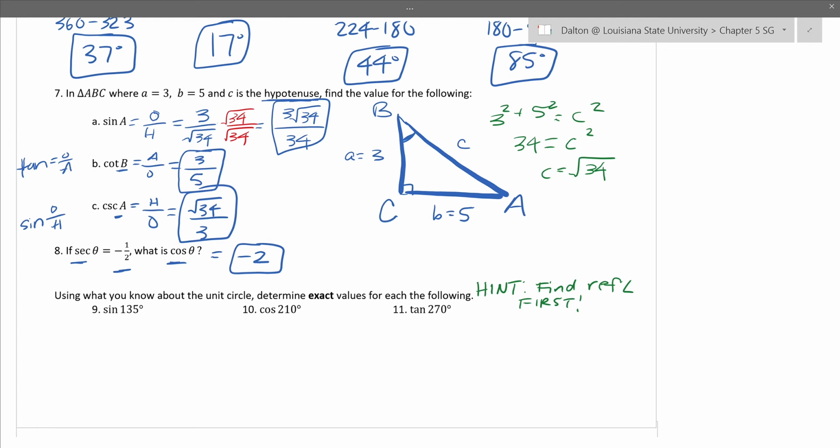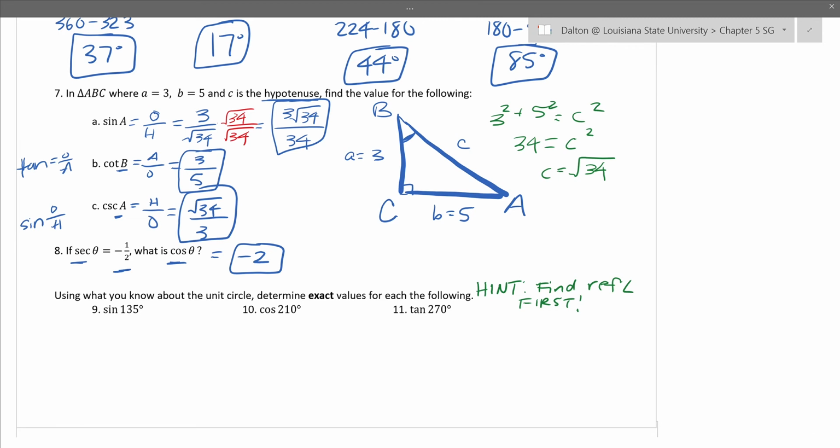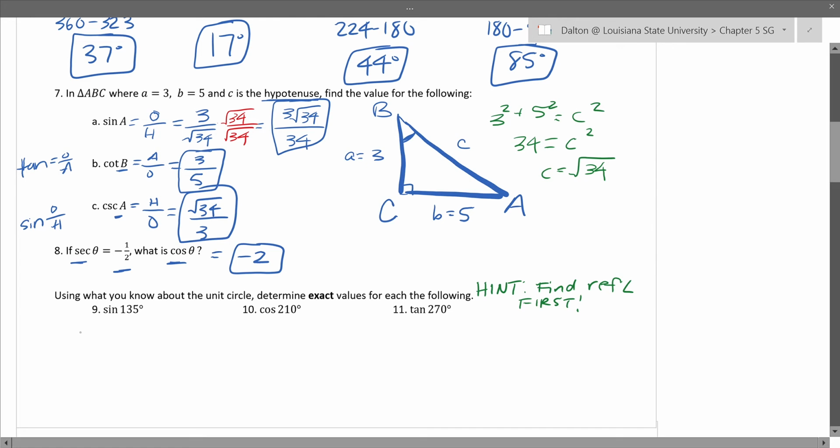So for 135, I know 135 degrees is in the second quadrant. So to find that reference angle, I'm going to take 180 minus 135, and I'm going to get 45. Okay, so what that means is, now I'm going to use what I remember about my 45-degree angle.